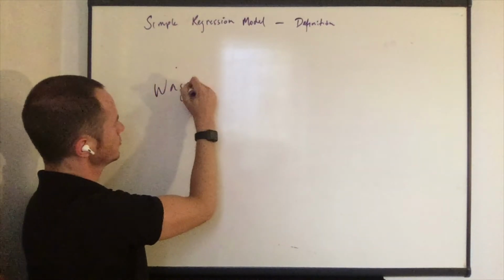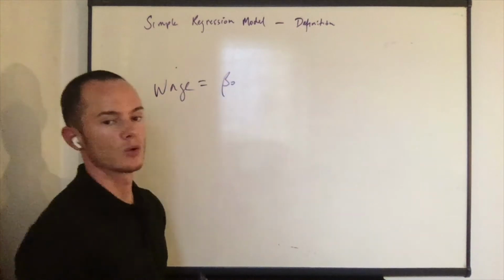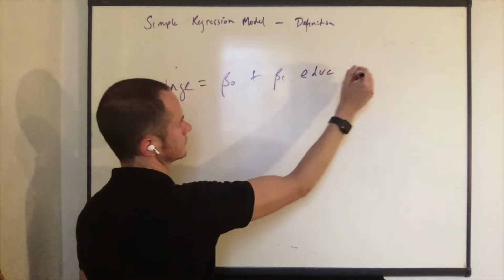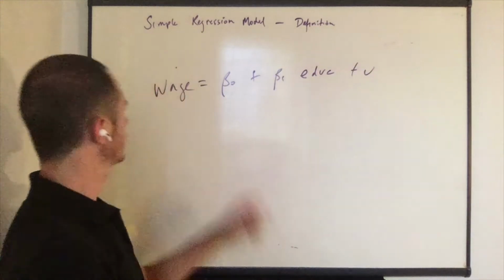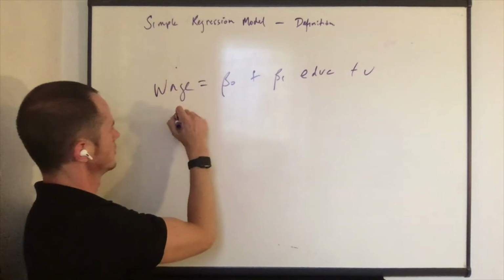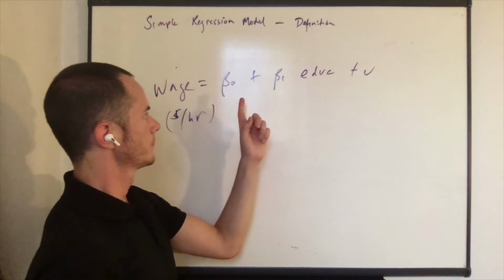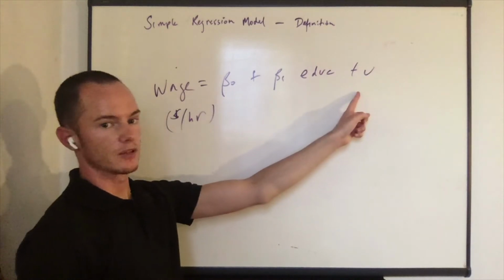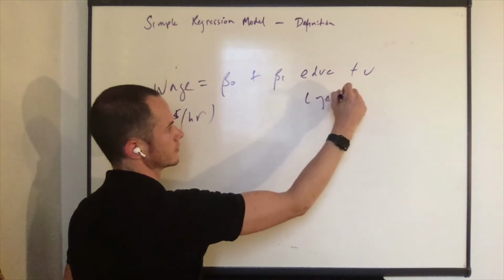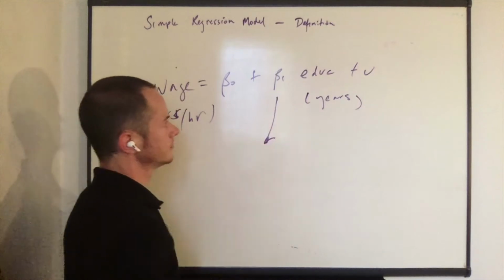You might be able to predict a person's wage based on their level of education according to the following model. You may be able to predict wage in terms of dollars per hour using the following equation: beta naught plus beta 1 times education in terms of years plus u.